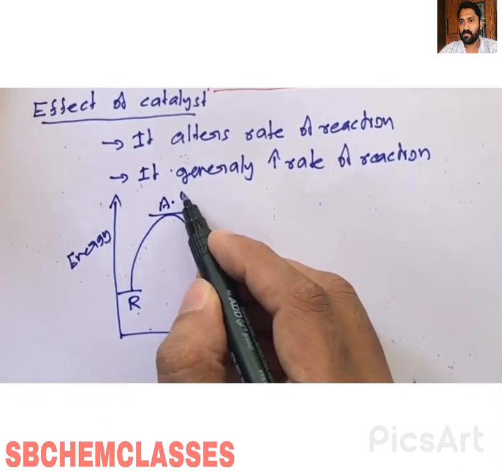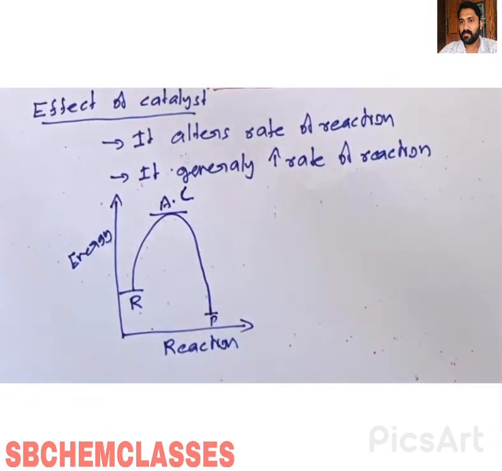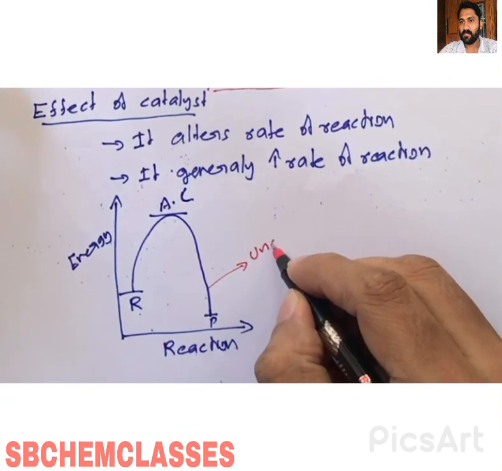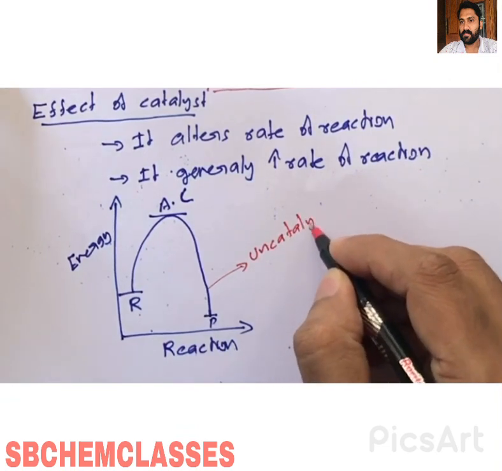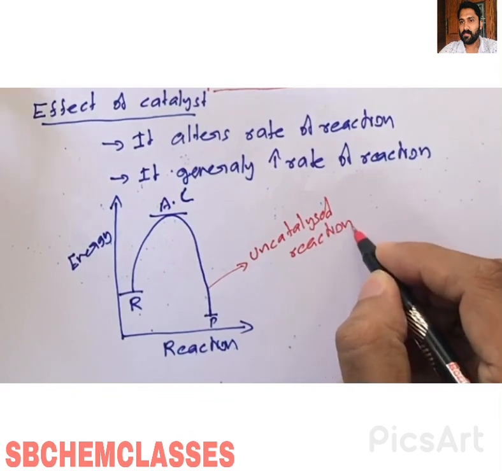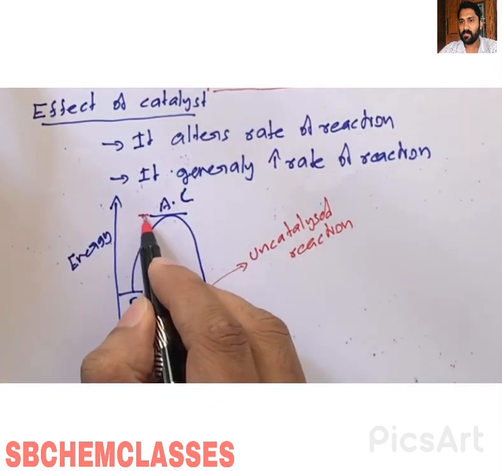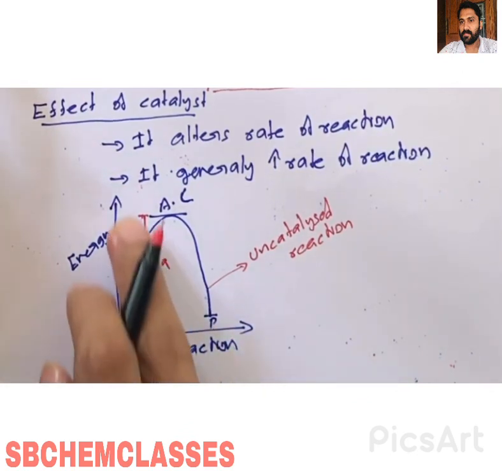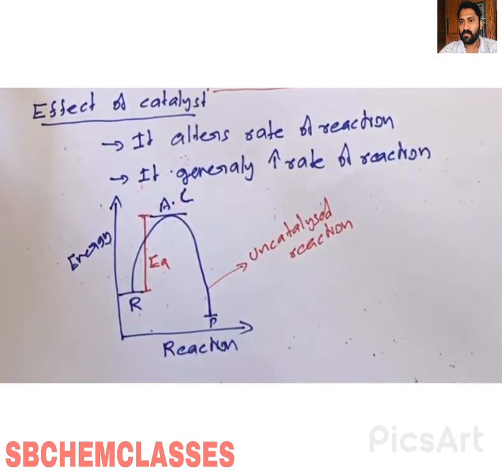Consider this graph is for uncatalyzed reaction. That means without catalyst. This reaction have activation energy EA. EA is the activation energy of this reaction.